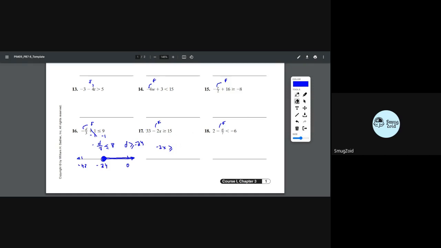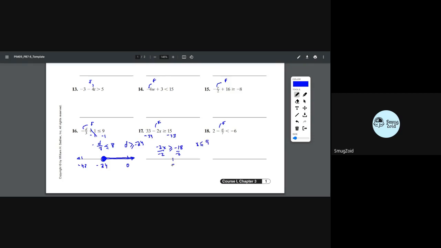Sometimes I mess my thing up. -33, -33, much better. I feel much better as a person. That's going to be -18. Oh, okay. So I gotta take this -2, -2, gotta flip the sign. So I'm going to end up with what? X is less than or equal to 9.